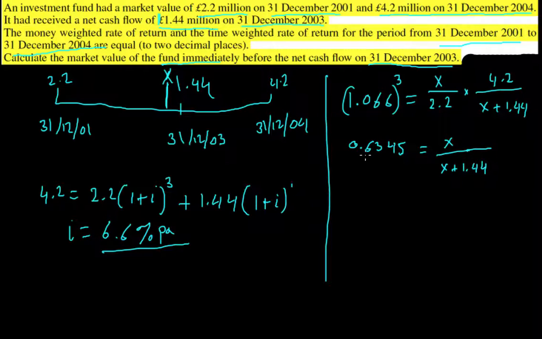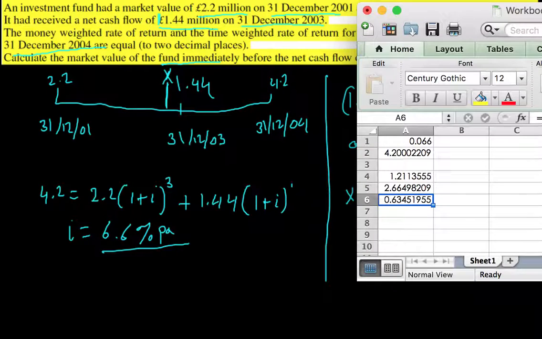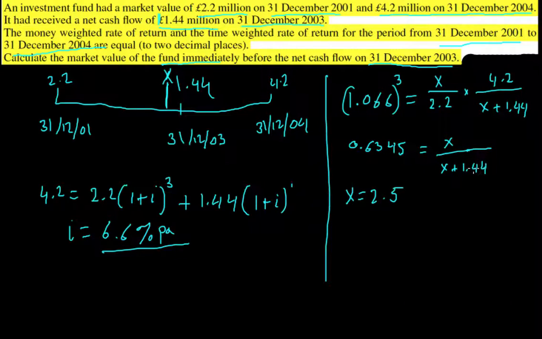I can bring this to the other side and rearrange. To save time I'll say x is equal to 2.5, but let me quickly show it. This is 0.6345 times the whole bracket, so 1x minus that goes to the other side: 1 minus 0.6345 times x equals 0.6345 multiplied by 1.44.